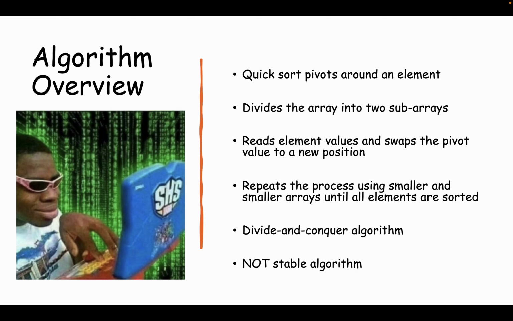So it recursively goes through the array until it finds the element and sorts it. This uses a divide and conquer algorithm, and it is not a stable algorithm, meaning that small errors in the data can severely mess up the algorithm and how fast and slow it is.